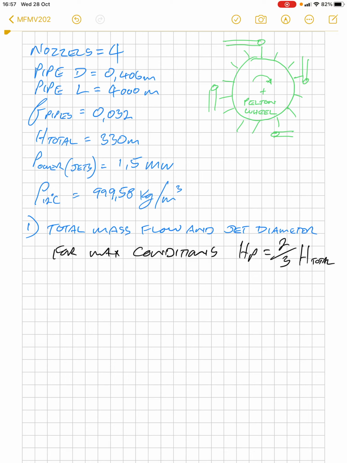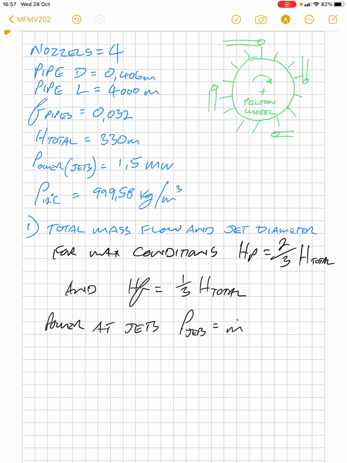We also know HF is equal to 1/3 of H total. So power at the jets is mass flow rate times gravity times HP.